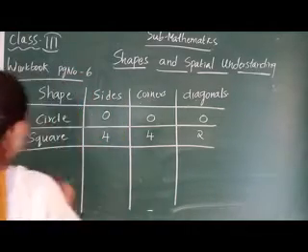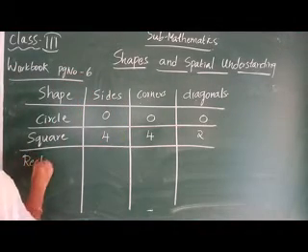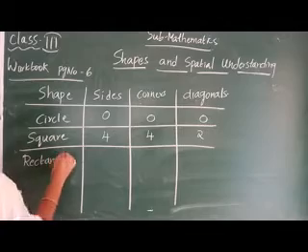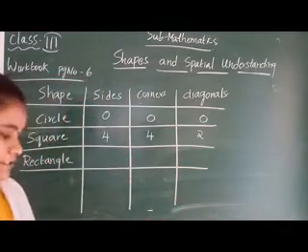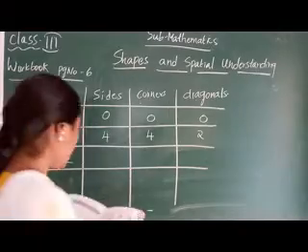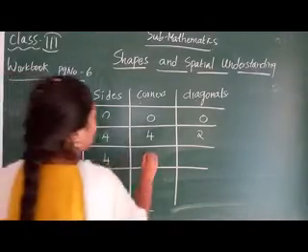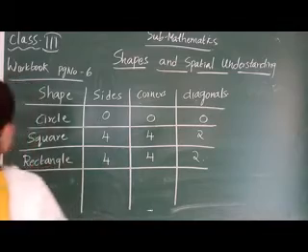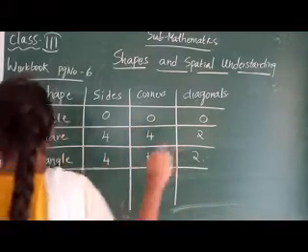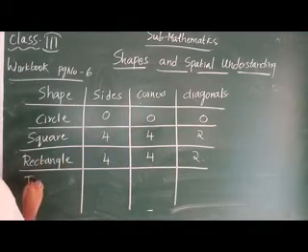Next, rectangle. See, that mirror is a rectangle, right? 4 sides, 4 corners, 2 diagonals. Next one is triangle.